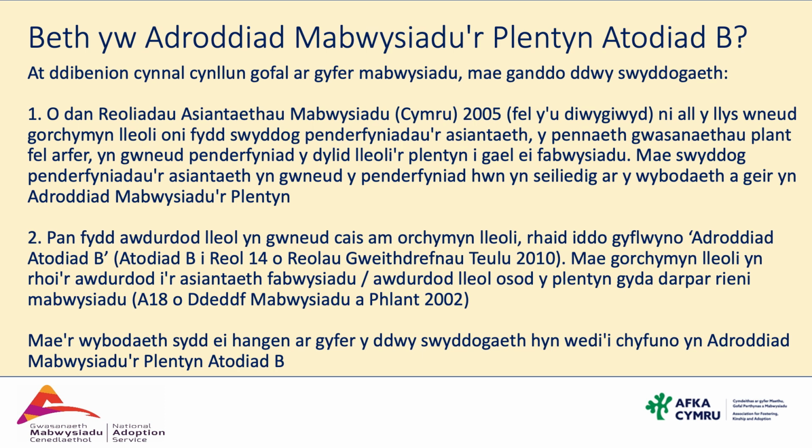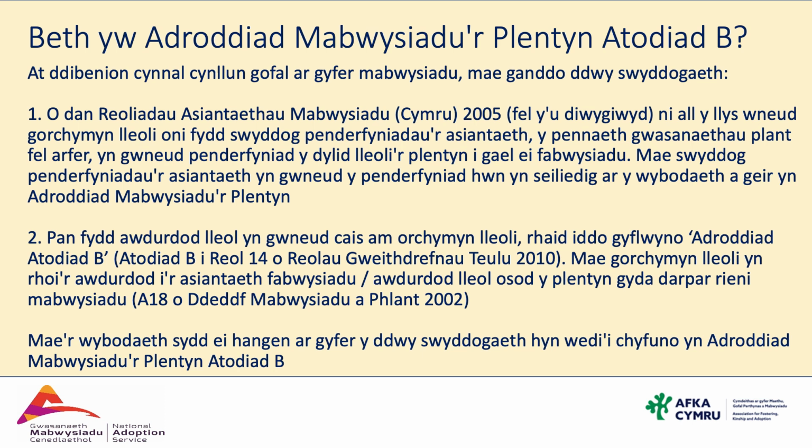And you have to have that 'should be placed for adoption' decision in place before you can apply for a placement order. So once you have the ADM's 'should be placed for adoption' decision, you're then in a position to apply for a placement order should your care plan be for adoption.